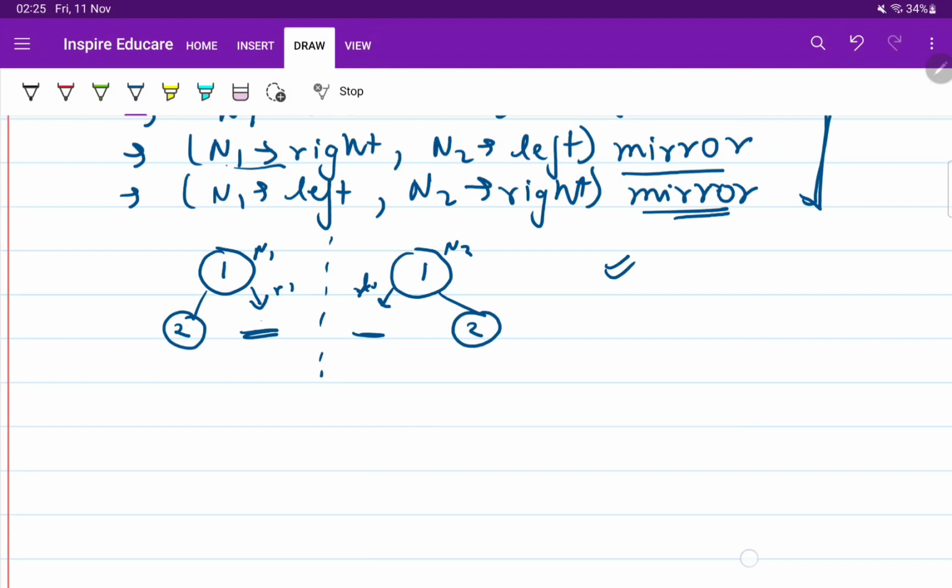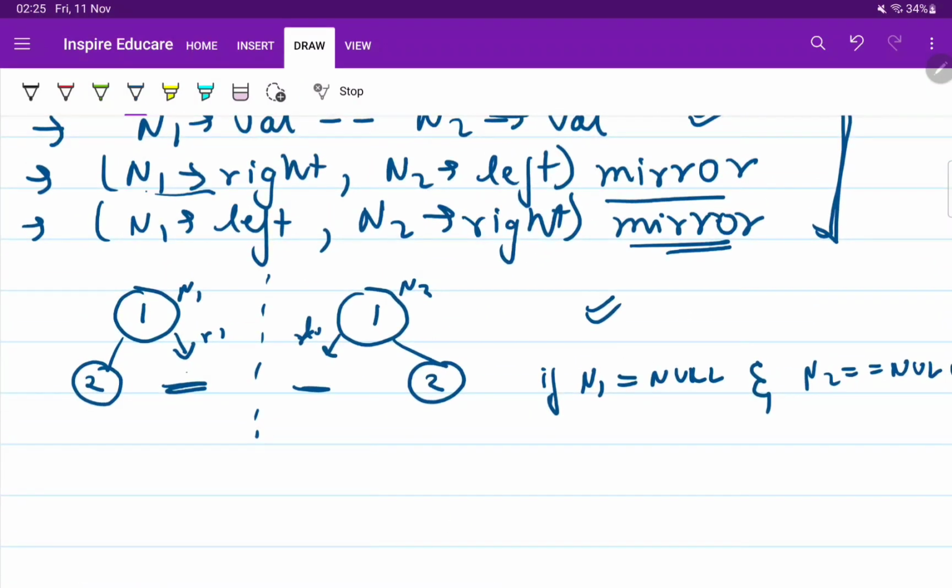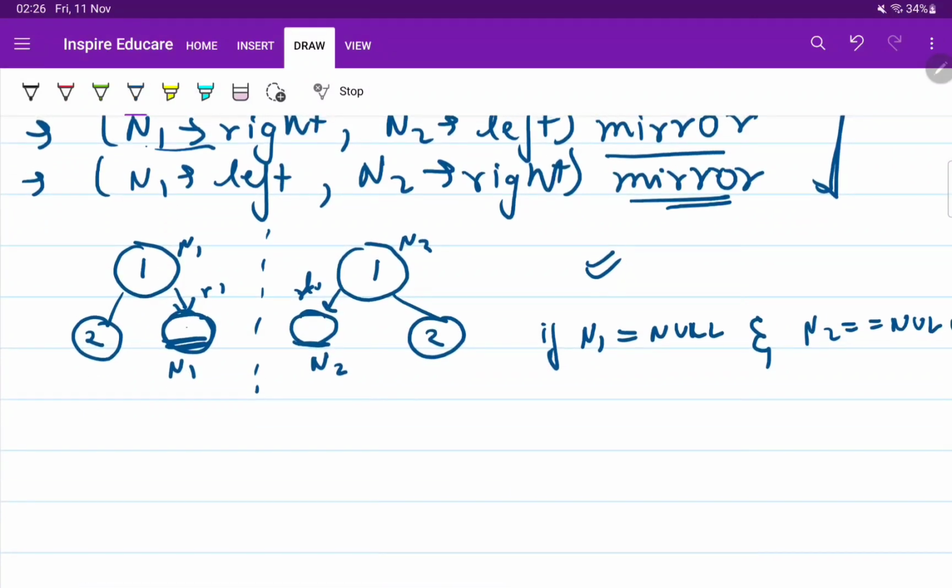So can I say if N1 is null and N2 is also null, right? Because when we call this second function here, this will become N1 and this will become N2, but now we have null.